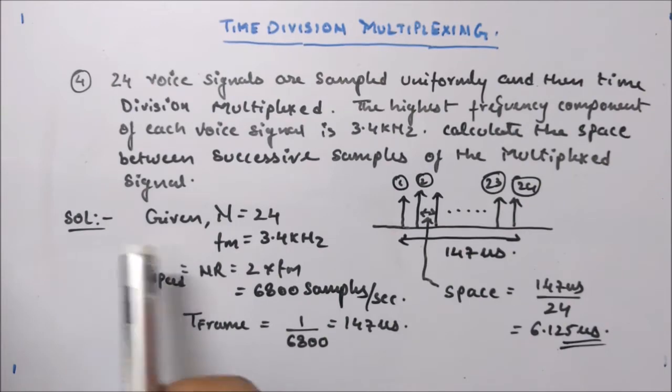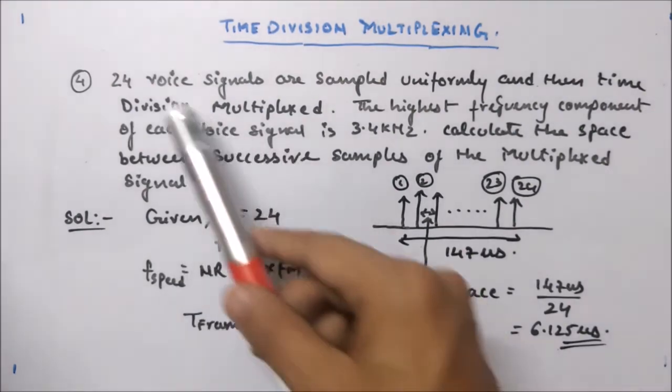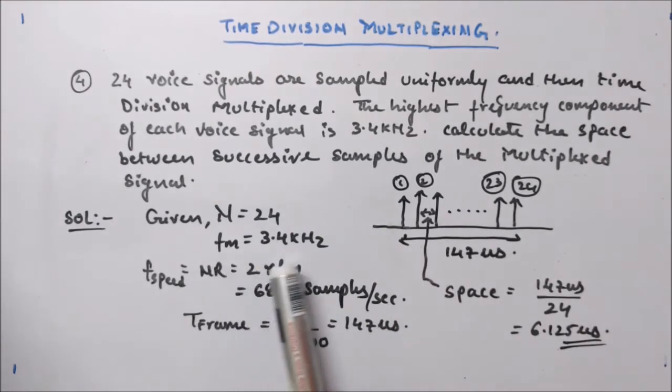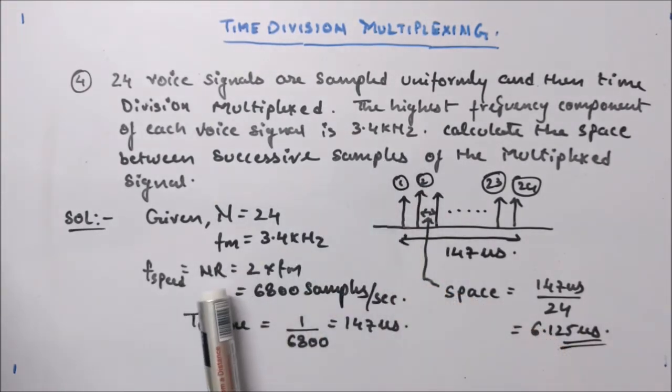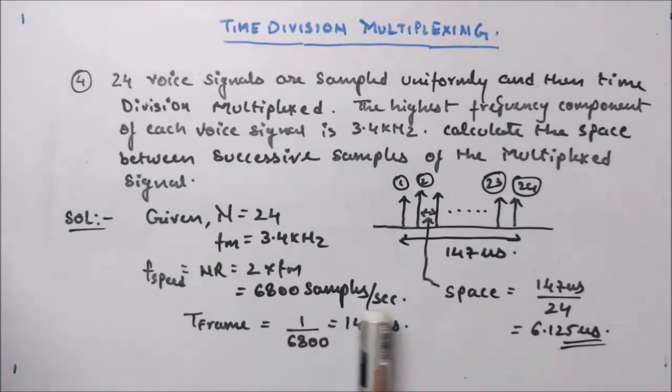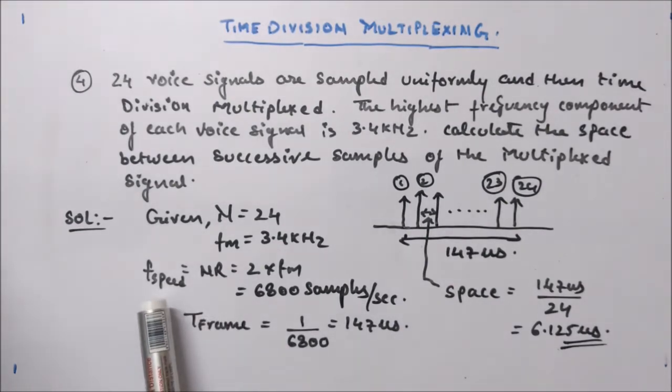So solution, it is given that capital N is equal to 24, this fm is 3.4 kilohertz, which means your Nyquist rate is equal to 2 into fm, that is 6800 samples per second, and this Nyquist rate is also equal to the speed of the commutator.